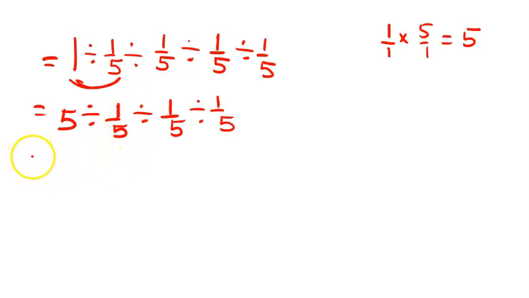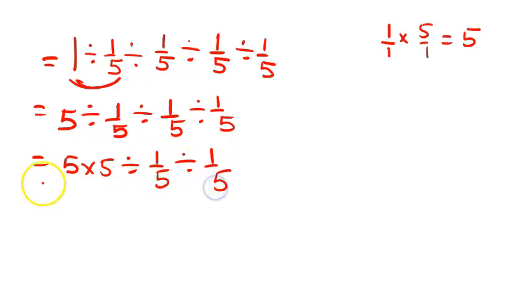So this is going to be 5 times 5, and when you flip this one, so divided by 1 over 5 divided by 1 over 5. So we have 25 divided by 1 over 5 divided by 1 over 5.